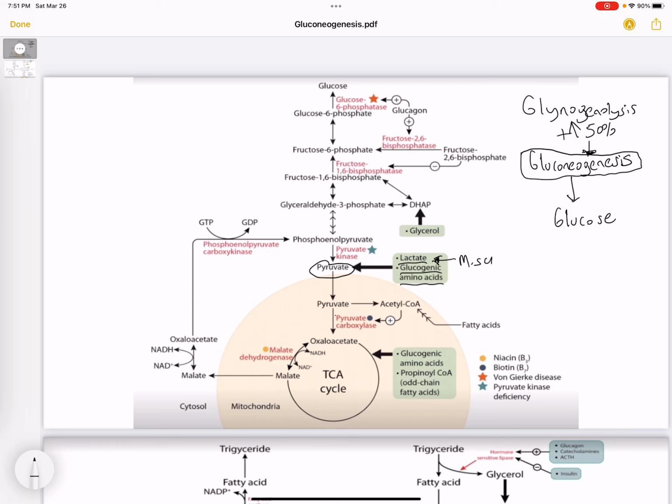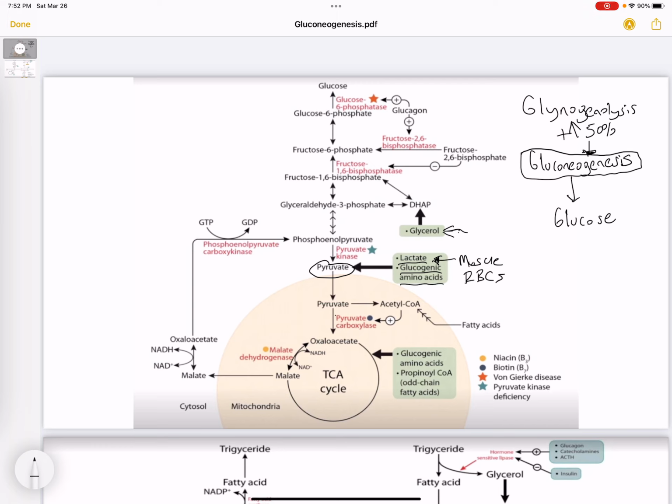Lactate is produced by our muscle cells as well as red blood cells, and lactate can then be used in gluconeogenesis to ultimately be converted into glucose. As you can see here, glycerol is also used in the gluconeogenic pathway, and glycerol can enter the pathway through DHAP, and then it can enter at the level of glyceraldehyde 3-phosphate as well as fructose 1,6-bisphosphate.